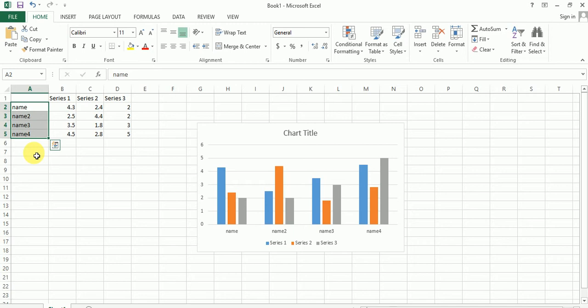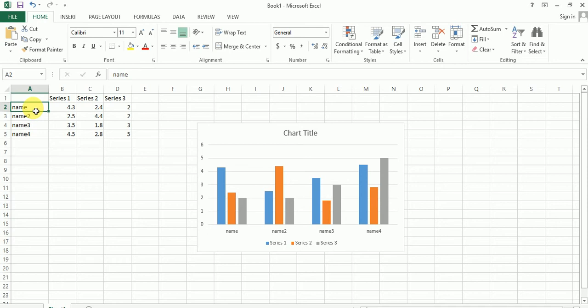Okay, so when you enter a value or name in the vertical axis, then the horizontal axis is used to depict the chart.